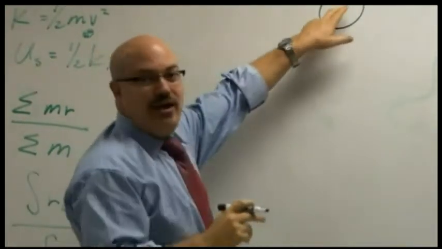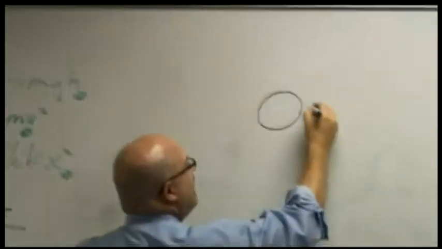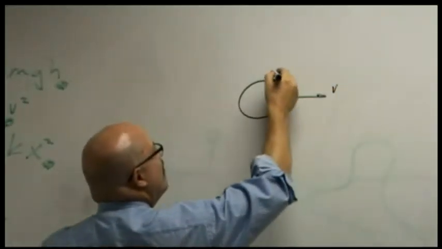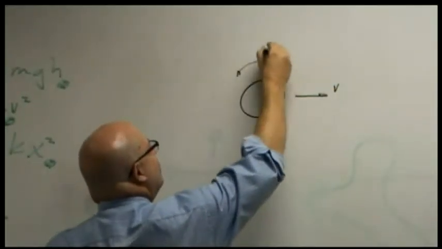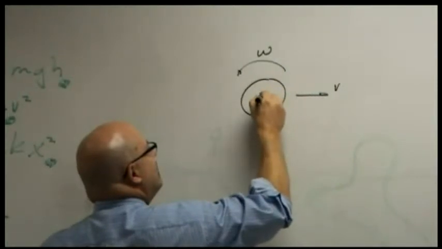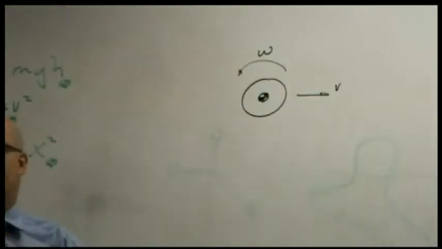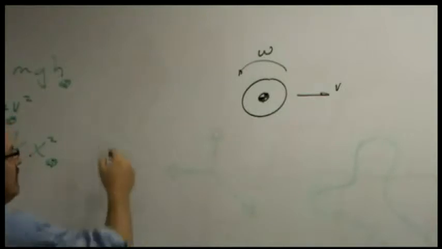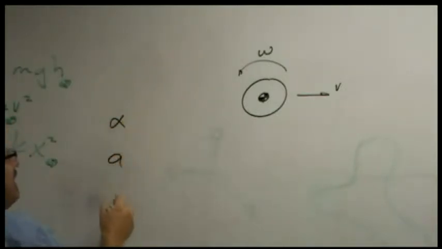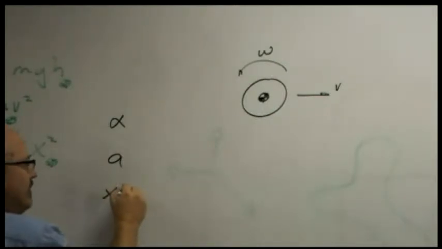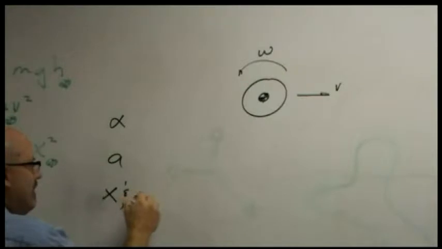All right, so here we go. What you have is a velocity this way, but an omega this way. Here's your center of mass. Let's find out what alpha is, what a is, and see if we can figure out where and when it stops slipping.